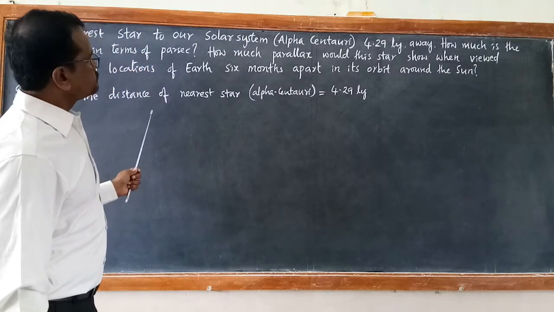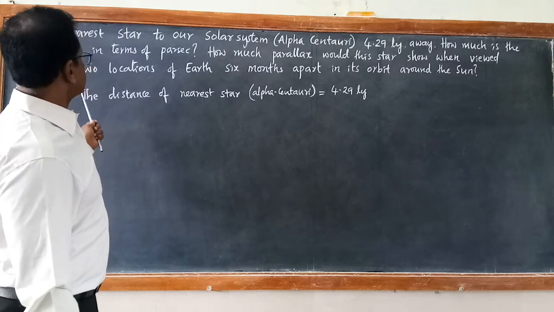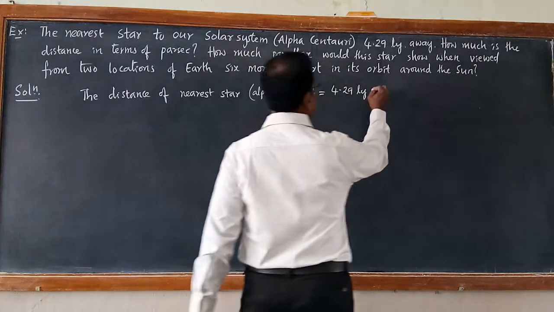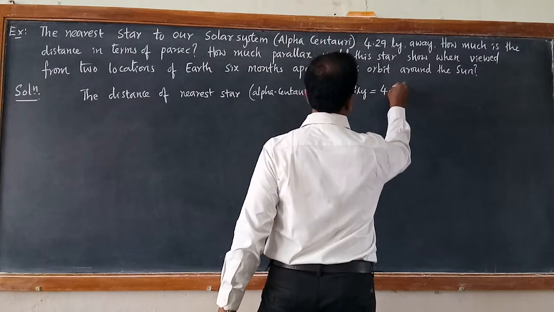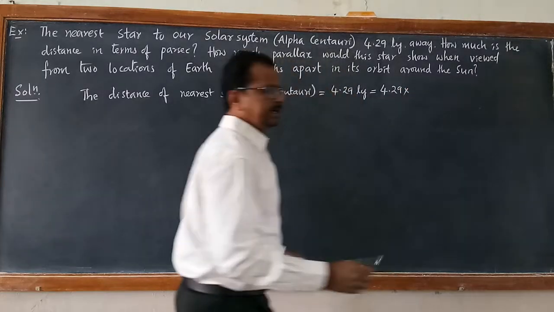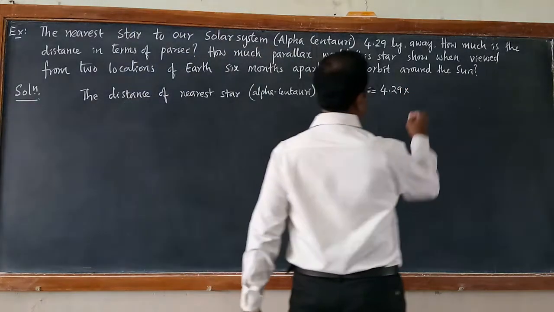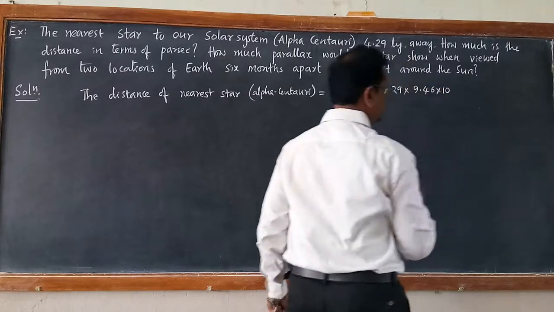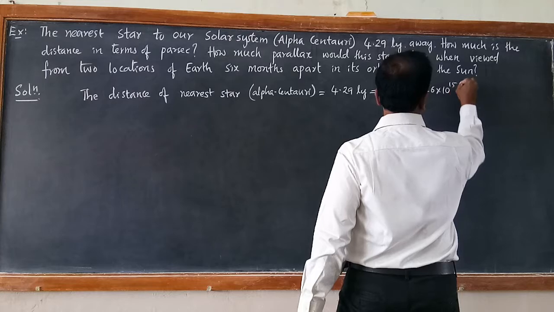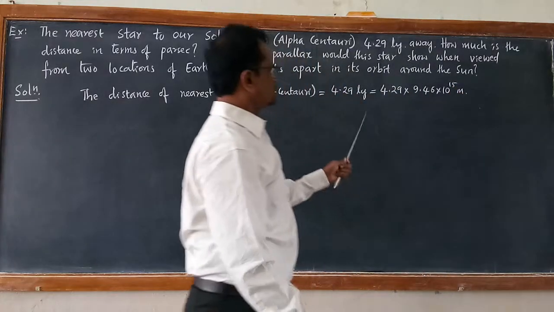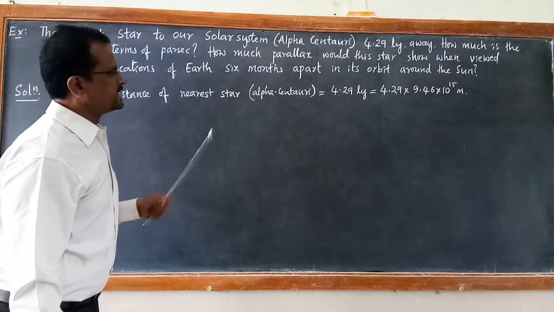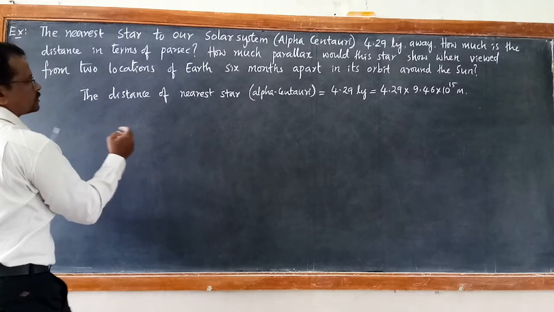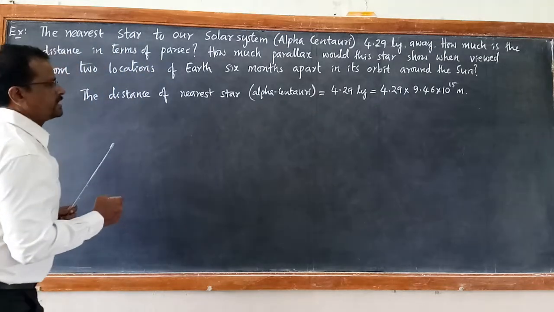Then how much is this distance in terms of parsec? So 4.29 light years can be written as 4.29 into 1 light year. Just now we have calculated 9.46 into 10 raised to 15 meter. So that is the distance of the star in meter.